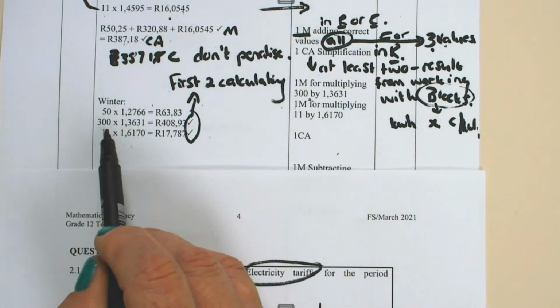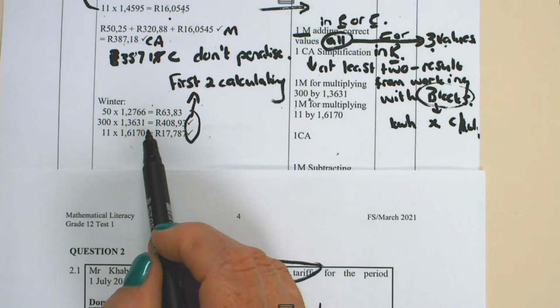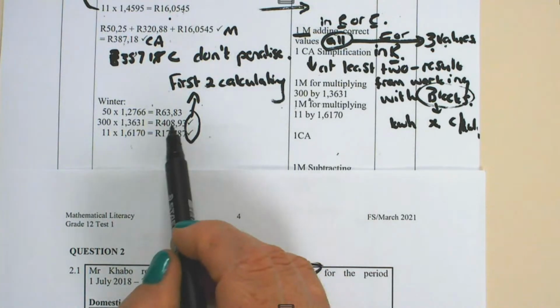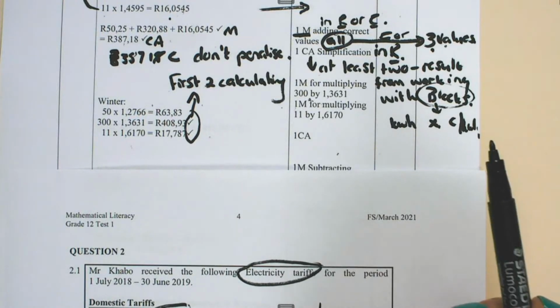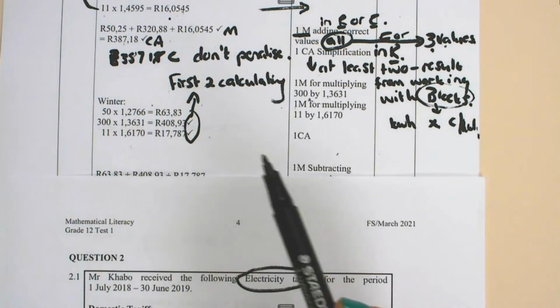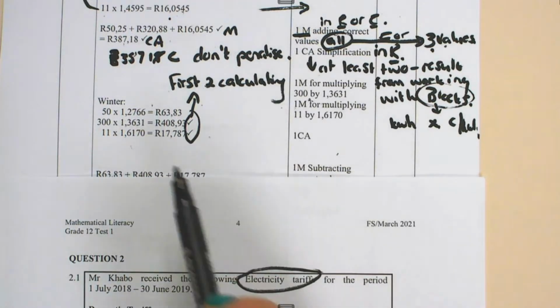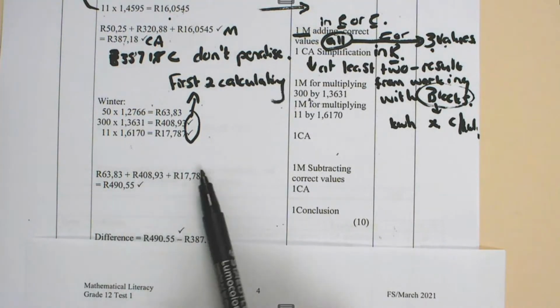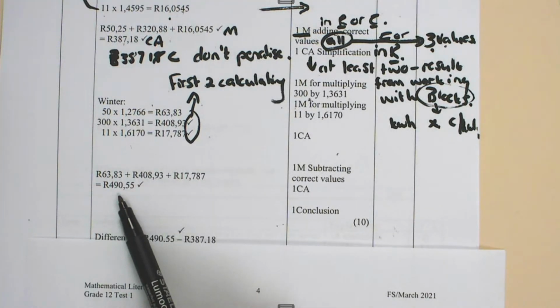They are going to say 300 times, and they are going to work with R1,3631. They will get 408 rand. They are going to say 11 times the tariff, which is R1,617, and they will get 17 rand. They will add all 3 values, and then they are going to get only a CA mark.